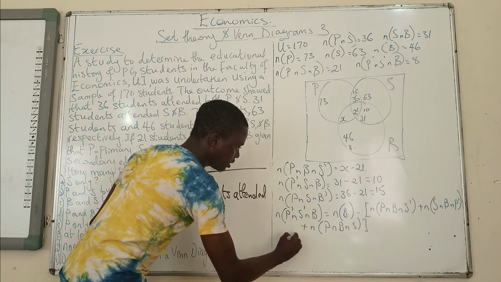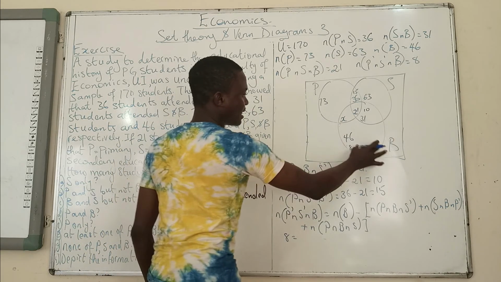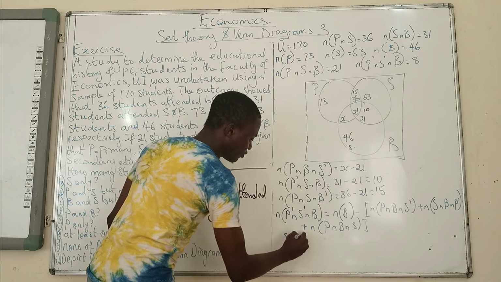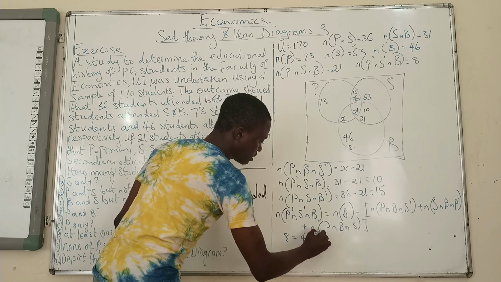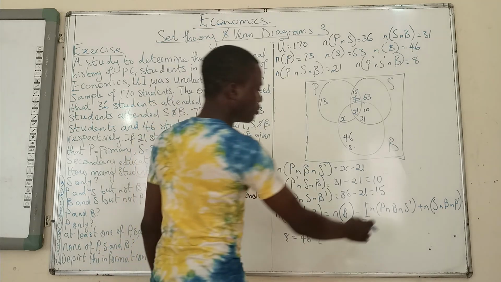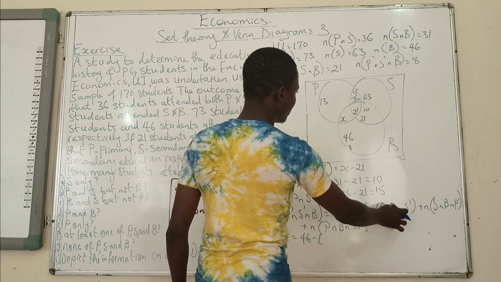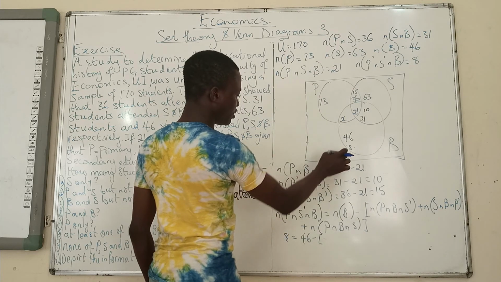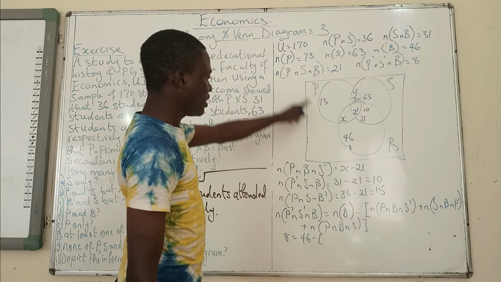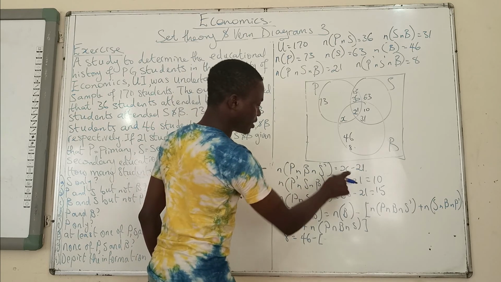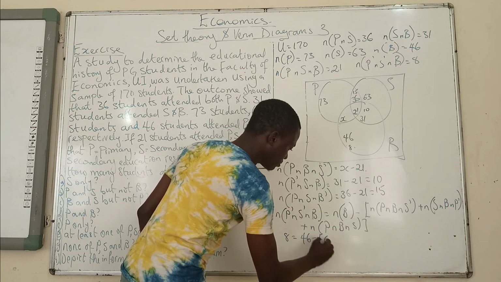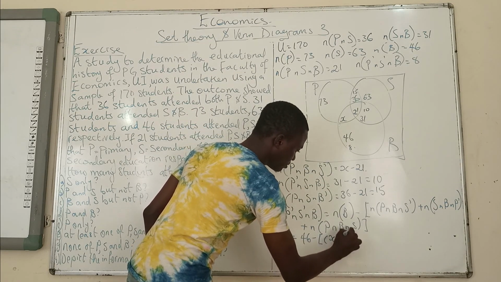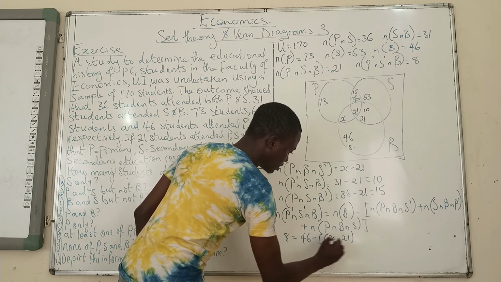So 8 equals the cardinality of the number of students that attended B in total, 46, minus, then we open this. So this is P intersection B intersection S prime. Because we are looking at P and B only, which is what we have here, that's x minus 21.